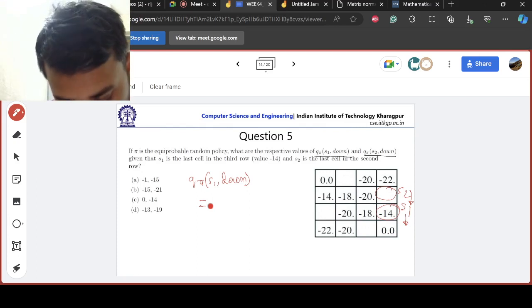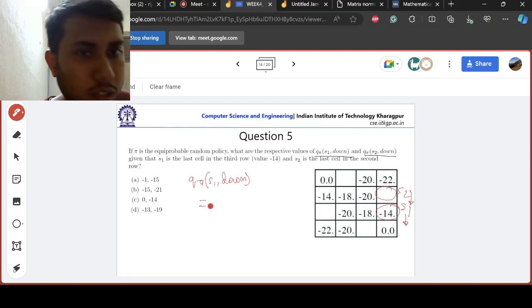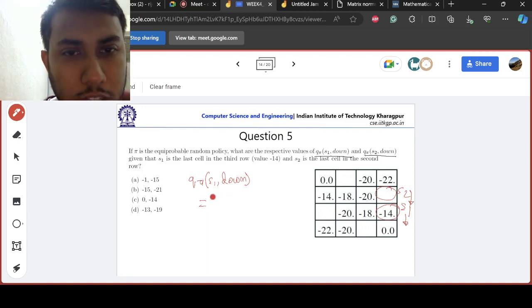So what will it be? So we have to look at the q function. So let's look at the q function.